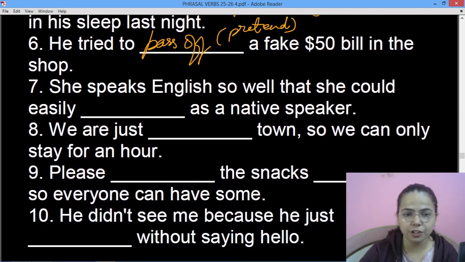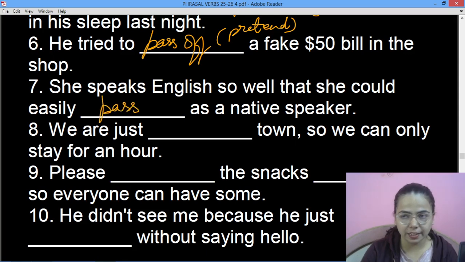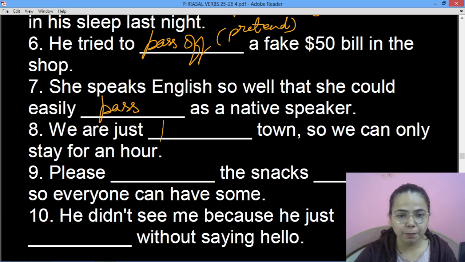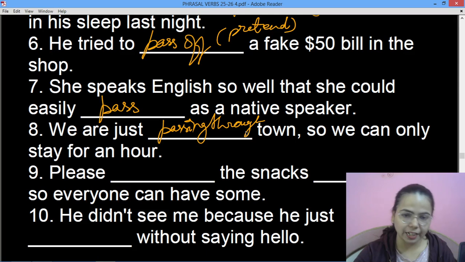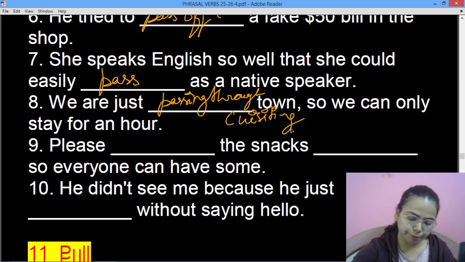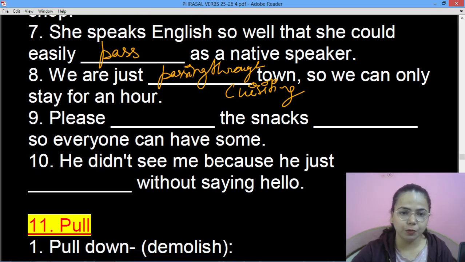She speaks English so well that she could easily pass as, मीन्स कि वो ईजिली एक्सेप्ट हो सकती है एज अ नेटिव स्पीकर, तो उसका मतलब भी होता है कि पास. Then we are just passing through town, means we are just moving through this town. Okay, that is visiting. Then please pass the snacks around so everyone can have it.